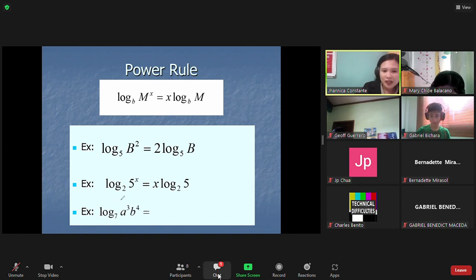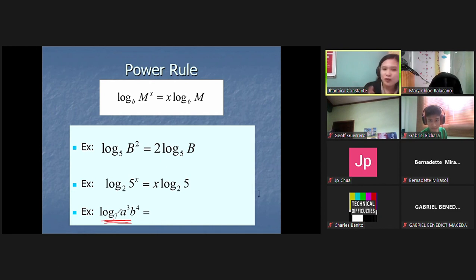Looking at this function, it has a combination of two properties, the product rule and the power rule. So let's start with the a argument, just expand this a cubed.